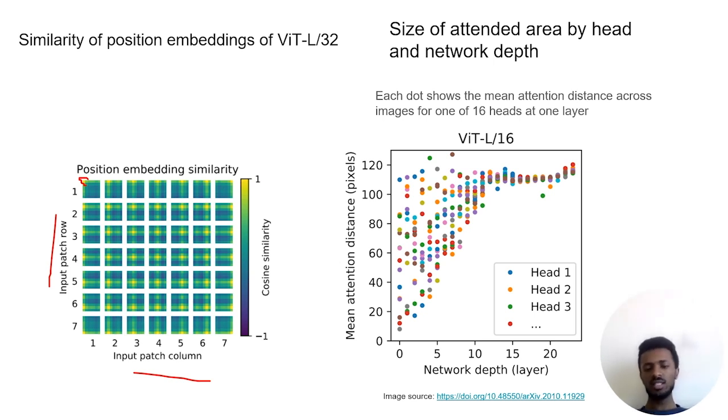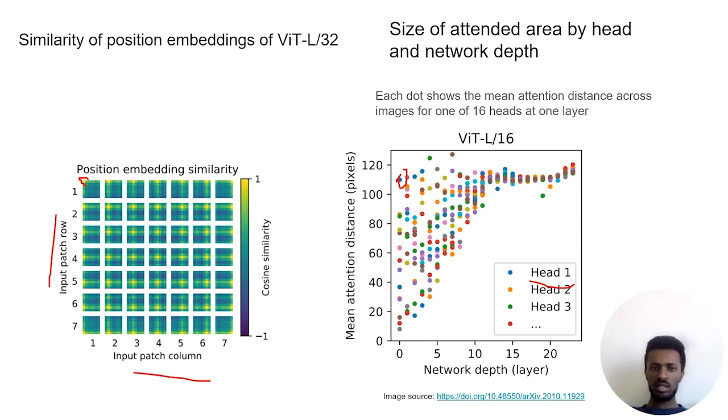And on the right, we can see how the different heads attend to the images, and we can see that some of the heads attend globally even in the lowest layers. As you can see, this is head 1 and it's already attending with a higher mean attention distance, and this shows the ability to integrate global information, which is indeed used by the model.